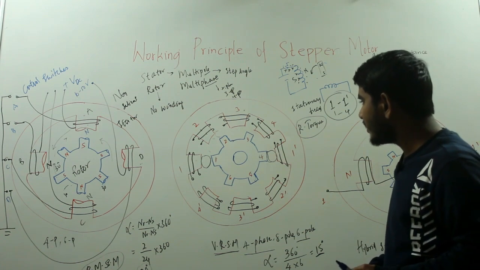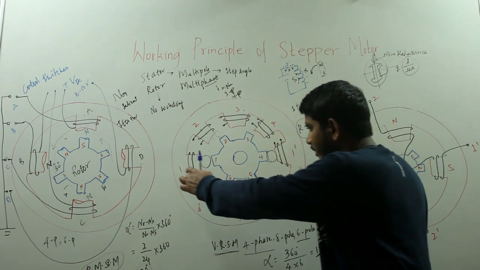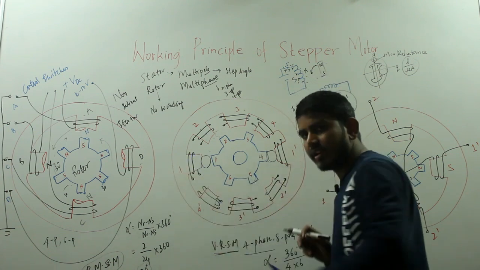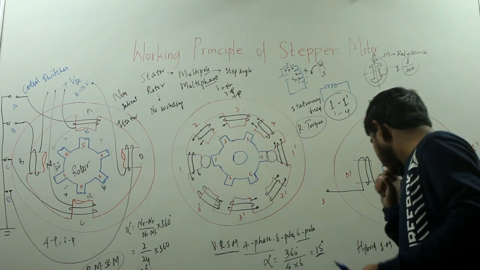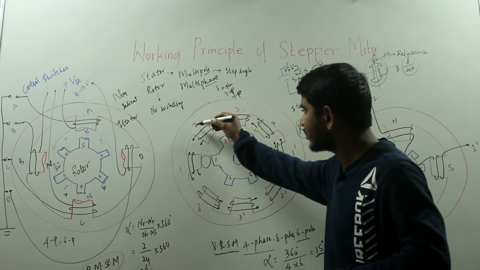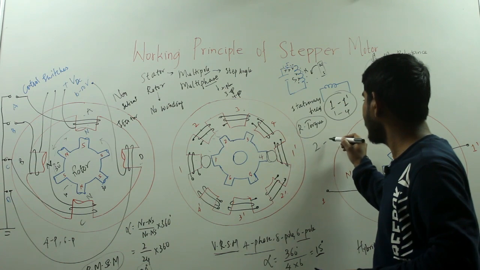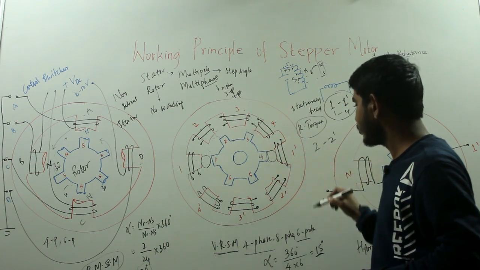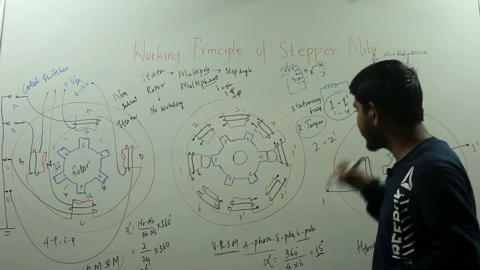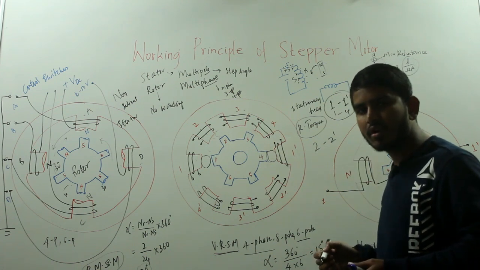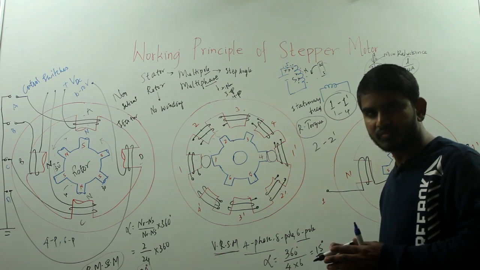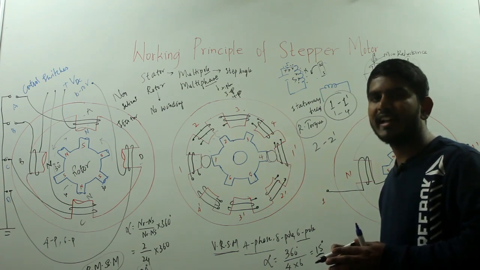Now I have turned off the connection to this winding 1, 1 dash, and now I will excite the phases 2, 2 dash. When I excite the phases 2, 2 dash, again there will be a reluctance torque, and this reluctance torque will move the rotor to a position where there is a minimum reluctance.